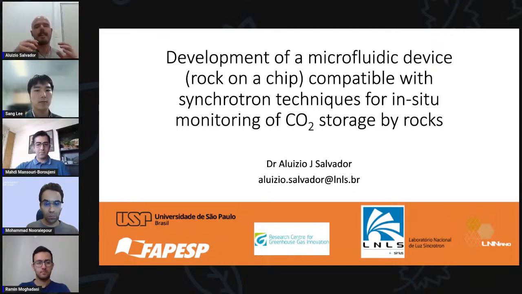So, as I mentioned, the more controlled the experiment is for now, the better for us. That's why we decided to start just with the channel, with a controlled path for the fluid, where we are sure that the fluid is interacting. For now it's easy for us to understand, but in the future we are thinking about understanding the pore properties, the micropore structures, and micropore changes induced by the mineralization.